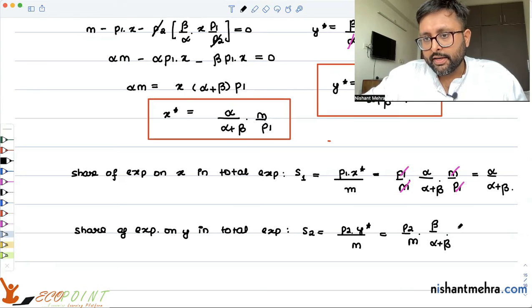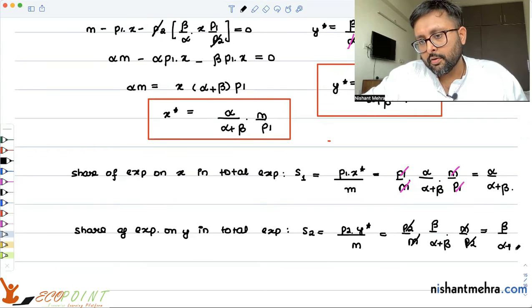Beta upon alpha plus beta into M upon P2. So that is beta upon alpha plus beta.